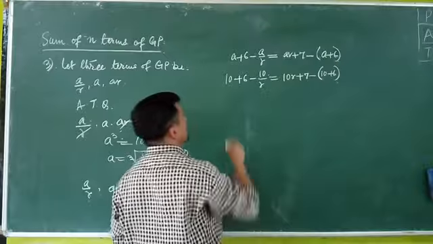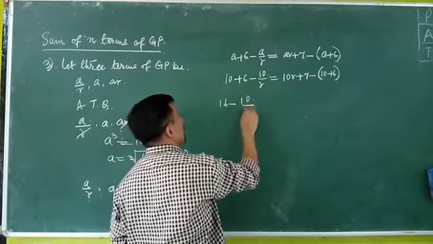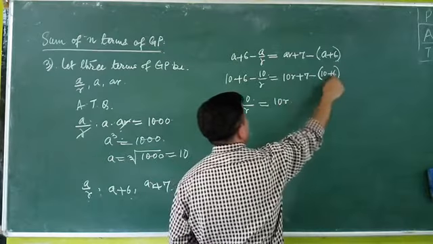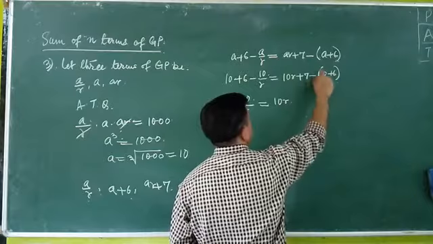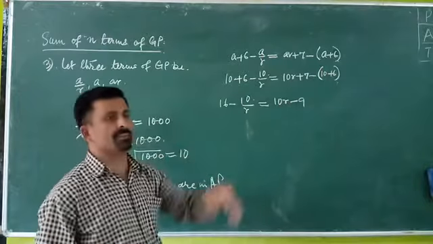So 16 minus 10 over R is equal to 10R, and then this will become 16. And 7 minus 16 is minus 9. We got this equation very simple, no?